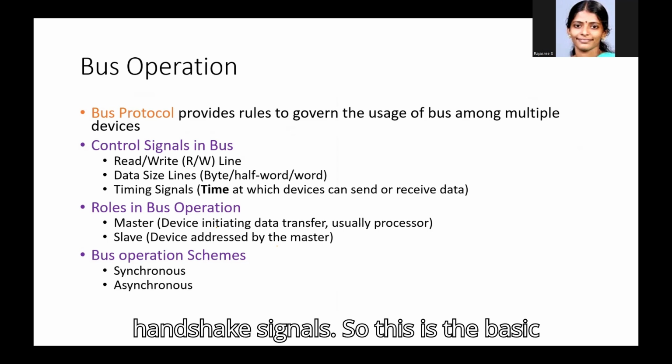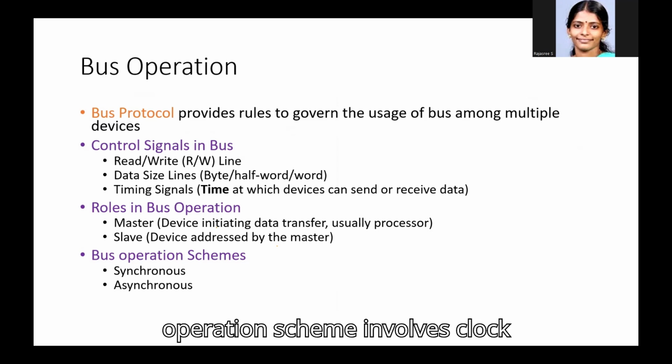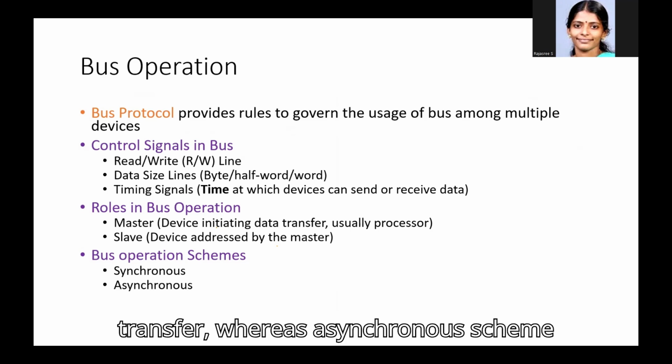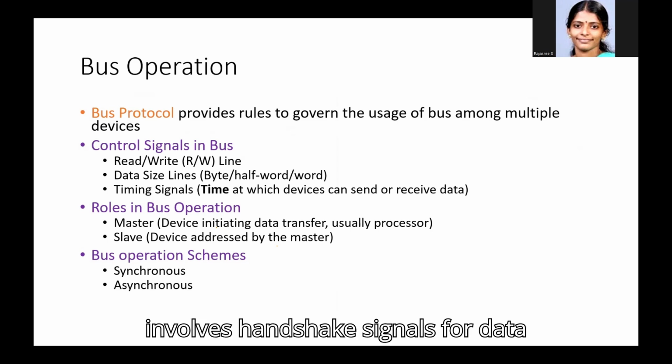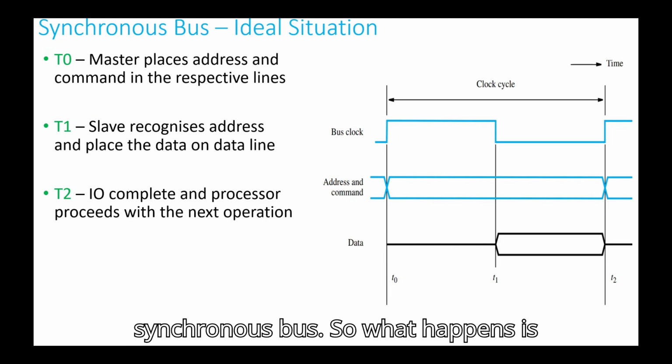This is the basic difference between synchronous and asynchronous. To repeat, the synchronous operation scheme involves clock signals for data transfer, whereas the asynchronous scheme involves handshake signals for data transfer.